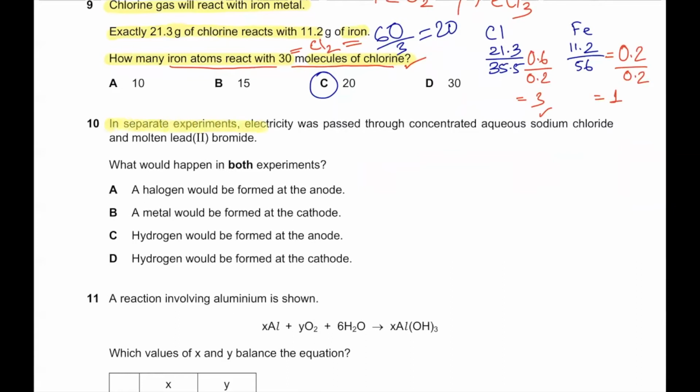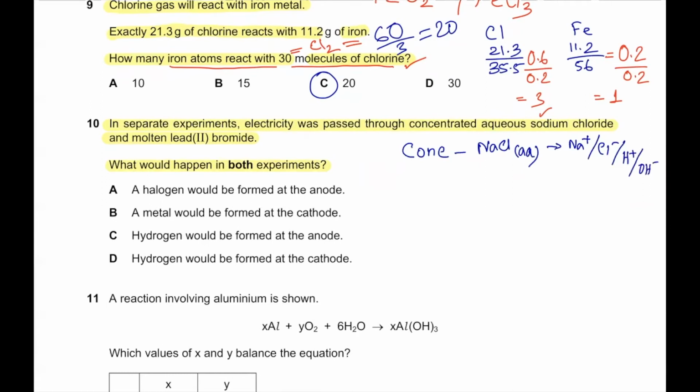Question number 10. In separate experiments, electricity was passed through concentrated aqueous sodium chloride and molten lead bromide. Now the question is what would happen in both experiments? Guys, when we say concentrated sodium chloride, NaCl aqueous, the ions are Na+, Cl-, and H+ and OH- from the water.